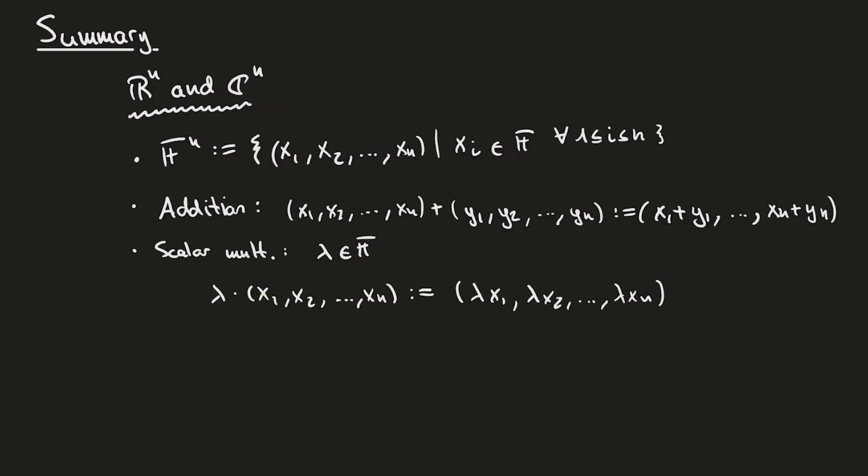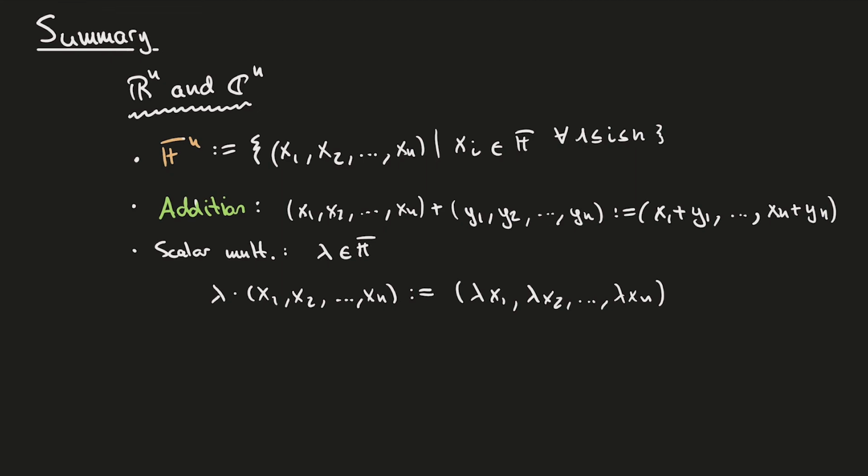Then we went on to construct Rn and Cn, and we gave a general definition of Fn. So this construction works for any field F, and Fn is defined to be the set of ordered n-tuples (x1 through xn), where each entry is an element of F. Next, we defined an addition on this set Fn by just adding each of the coordinates independently.